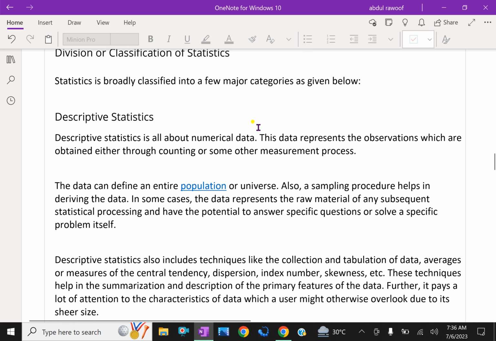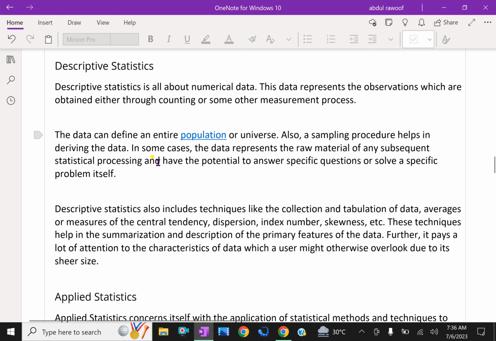Division or classification of statistics. Statistics is broadly classified into a few major categories as given below. Already we discussed descriptive statistics, which is all about numerical data. This data represents the observations which are obtained either through counting or some other measurement process.